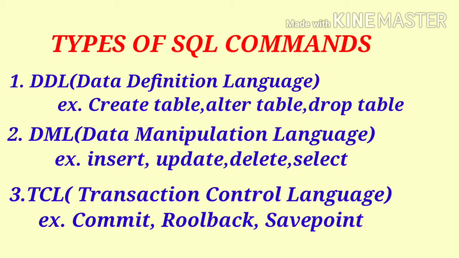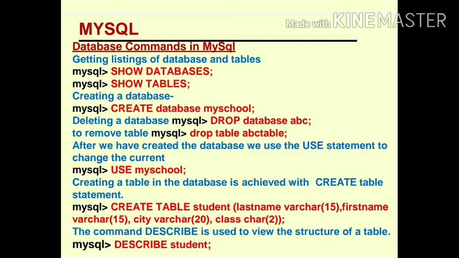If you are making many commands in the form of a transaction and you want to save the transaction, we use commit. If you want to undo and go back, we use rollback. If you want to make different bookmarks, we use savepoint. So these are the basic categories in which SQL commands are divided: DDL, DML, TCL. One more is there, DCL, which gives revoke and grant, permission taking and giving.